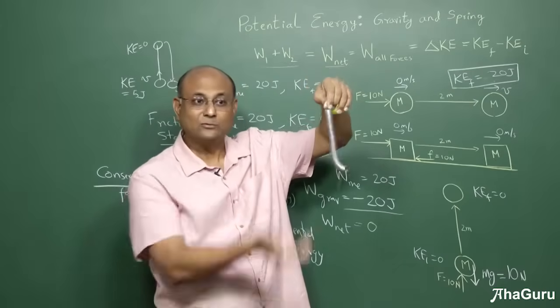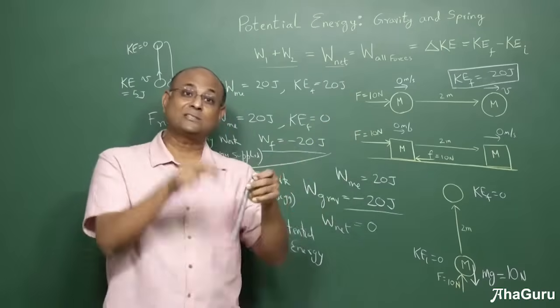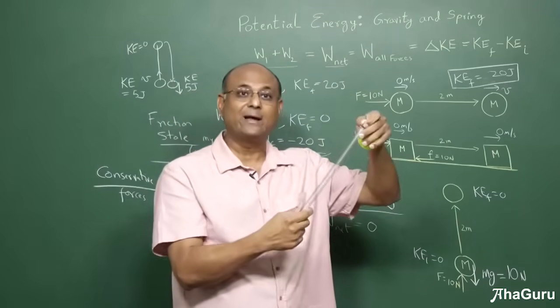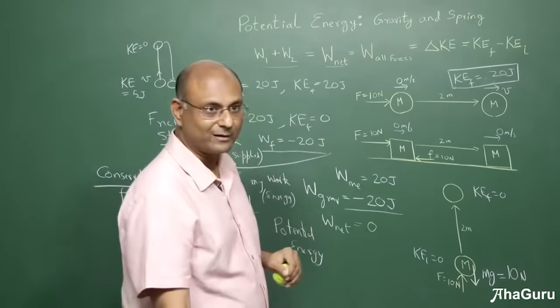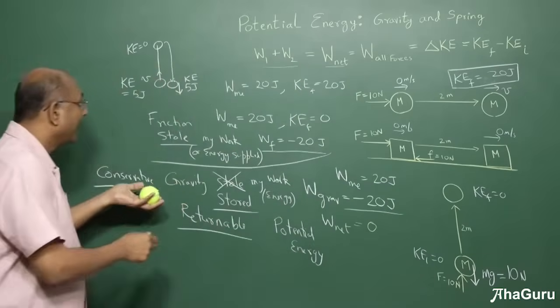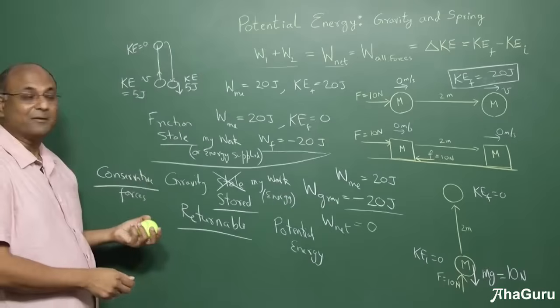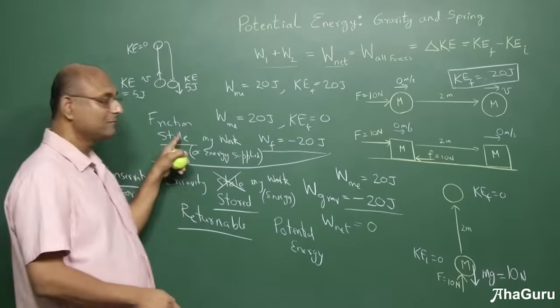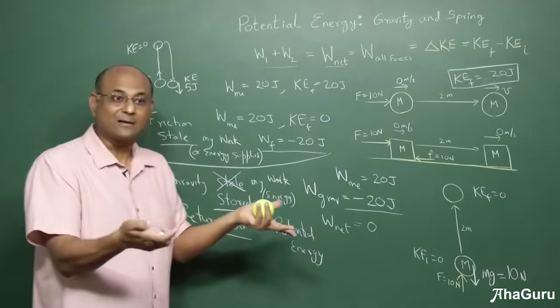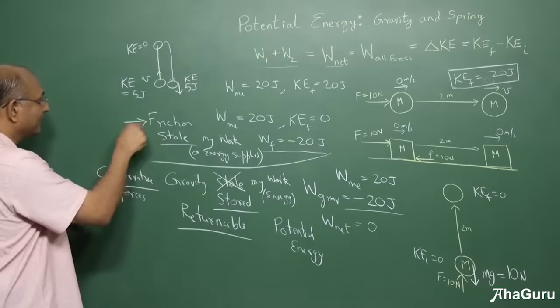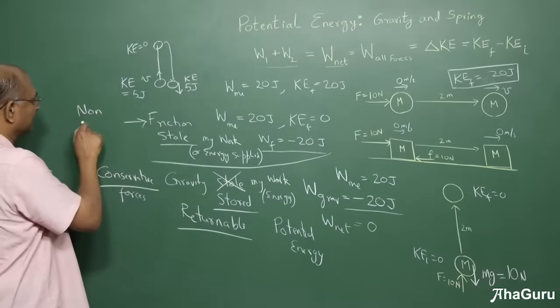But if I let go, you see that it jumps back. So it has stored the energy, not lost it, and it's going to return it whenever you want it. Right? Gravity has stored it and is going to return it whenever you want it. Friction steals it and can't return. So we call friction non-conservative force.